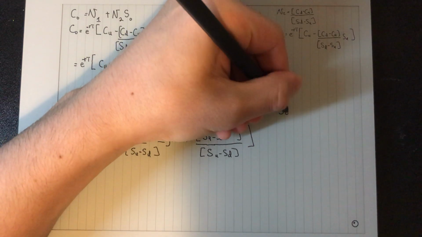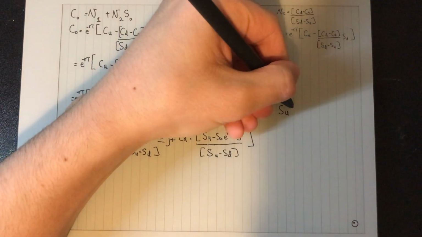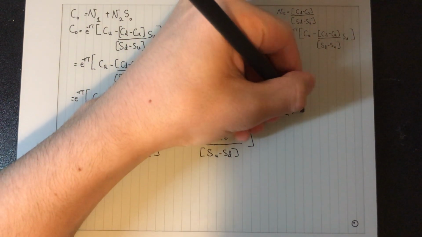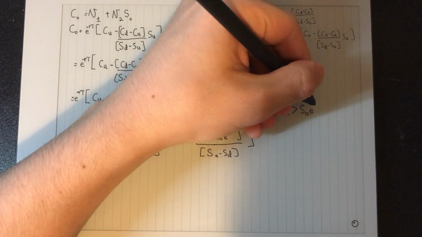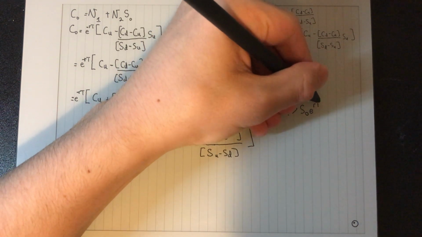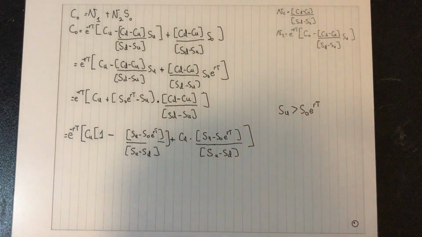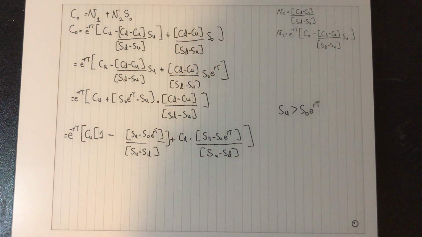So if we get some cash and invest it at the risk-free rate, that will have to be a lesser amount than simply investing in the stock market and getting SU in the upward state of nature.